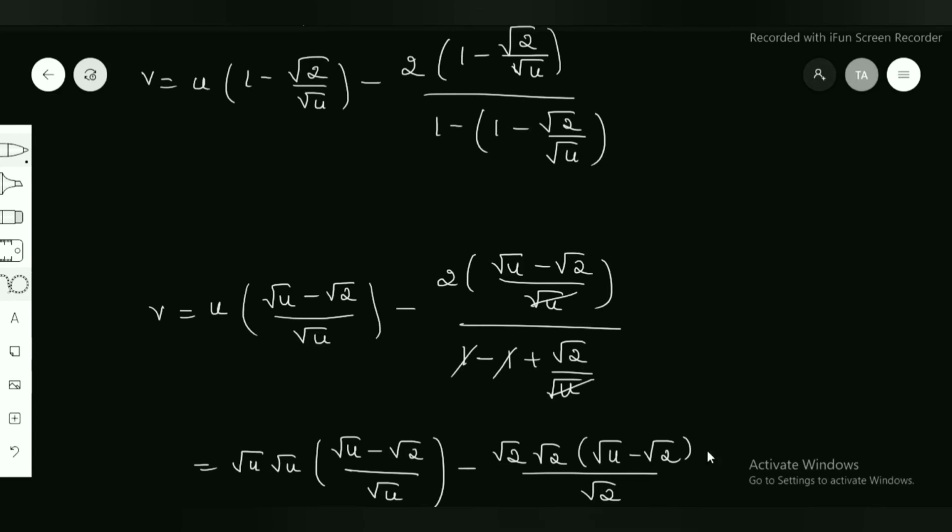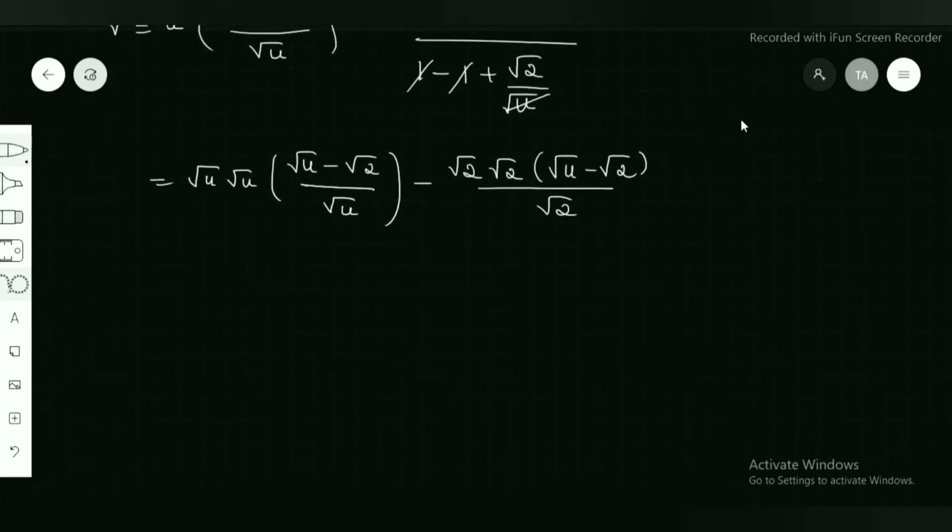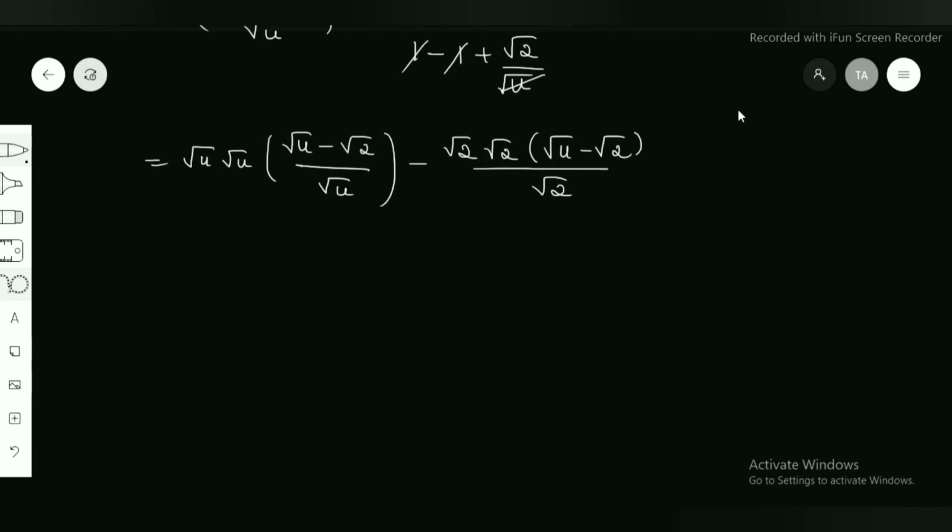So cancel those terms which are possible to cancel. Here square root of u, square root of u, here square root of 2 and square root of 2 will get cancelled. We are remaining with square root of u into square root of u minus square root of 2, minus square root of 2 into square root of u minus square root of 2.